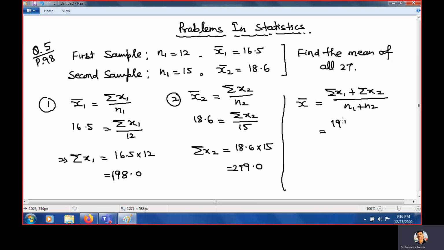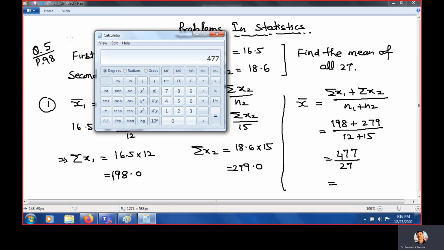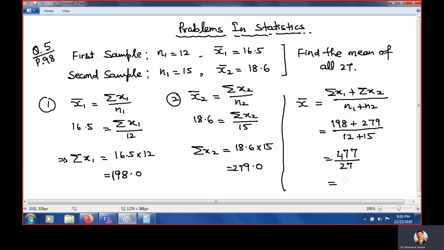So it is 198 plus 279 upon 12 plus 15, which is 477 upon 27. If you divide it using a calculator, 477 divided by 27 is 17.66. So the mean is 17.6.